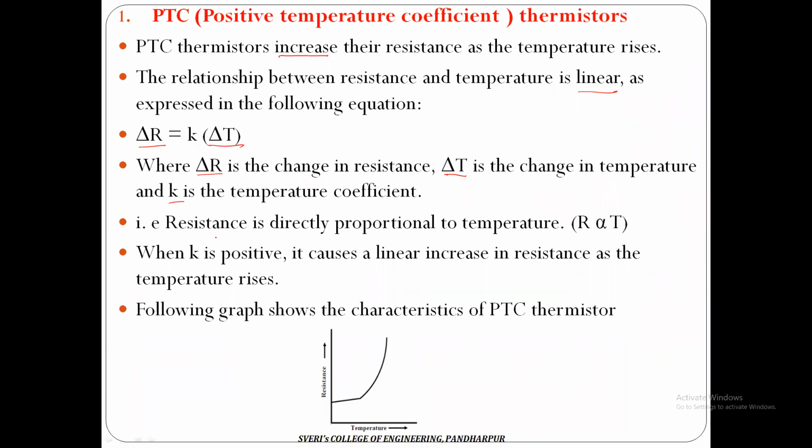So here we can say that if the resistance is directly proportional to the temperature, definitely we will have a linear curve. Get it, my point? And the graph should be like this. It's linear. This portion we call a linear curve. So this is called a PTC type of thermistor.